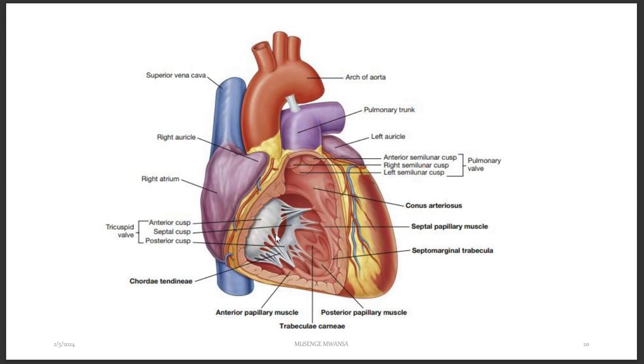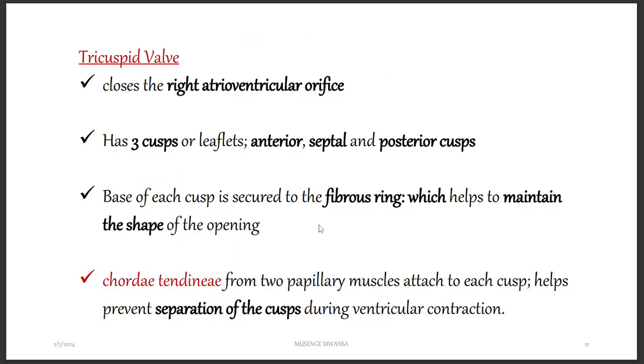So we have chordae tendineae holding onto the papillary muscles. Papillary muscles: we have the anterior papillary muscle, the posterior papillary muscle, and also the septal, because they're on the septum.